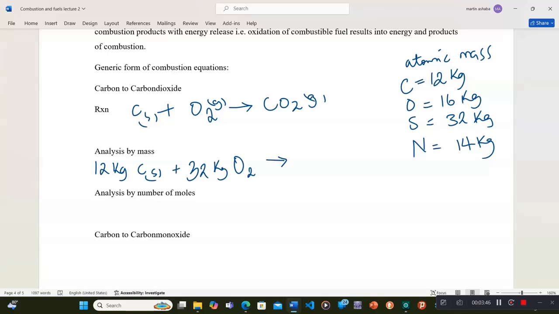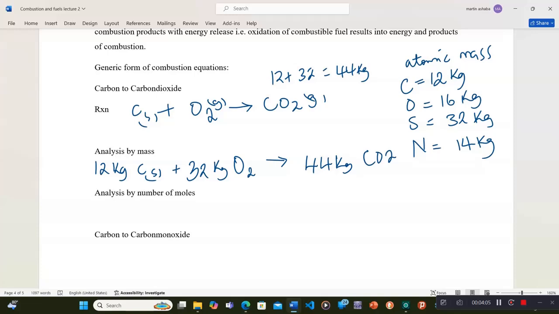This is 12 plus 32. So 12 plus 32 gives you 44 kilograms of carbon dioxide.